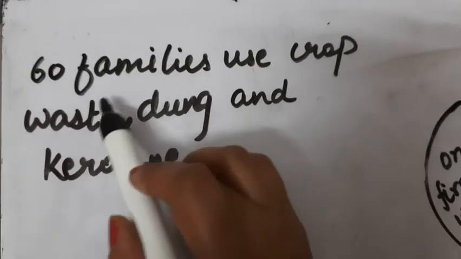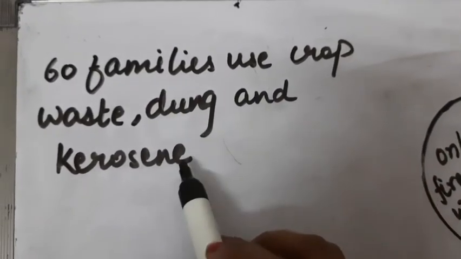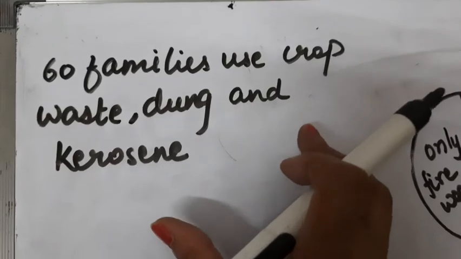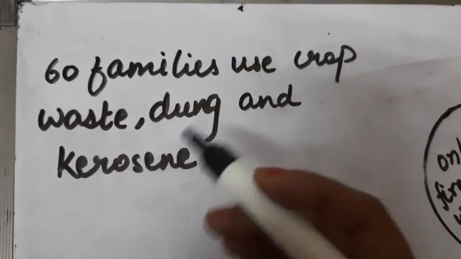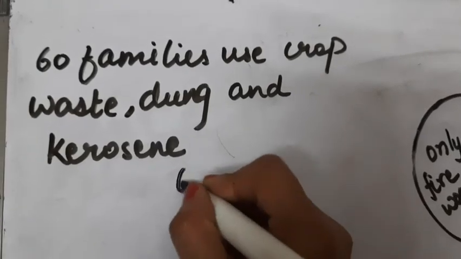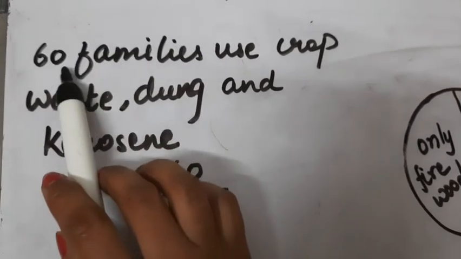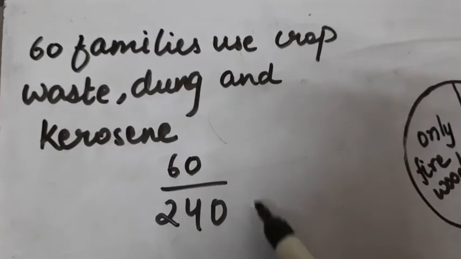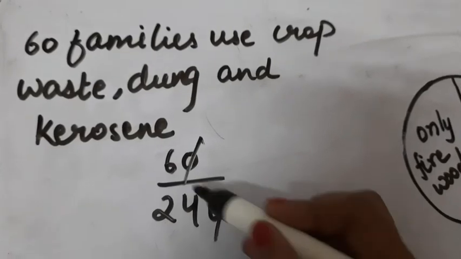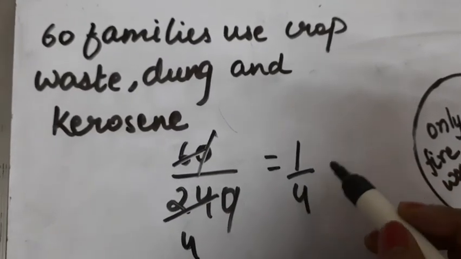And 60 families use crop waste, dung, and kerosene for cooking and heating. So what will be the fraction of families using this mixture? The fraction will be 60 upon 240, because 60 families are using crop waste, dung, and kerosene. 6 ones are 6, 6 fours are 24, so 1/4.